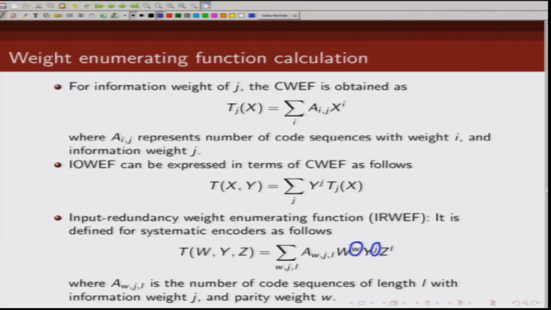Because it is a systematic encoder, the overall weight will be the weight of the parity bits and the weight of the information bits, so the overall weight would be W plus Z. So, the input redundancy weight enumerating function is defined for systematic encoders, where instead of specifying the overall coded weight, you only specify the weight of the parity bits.